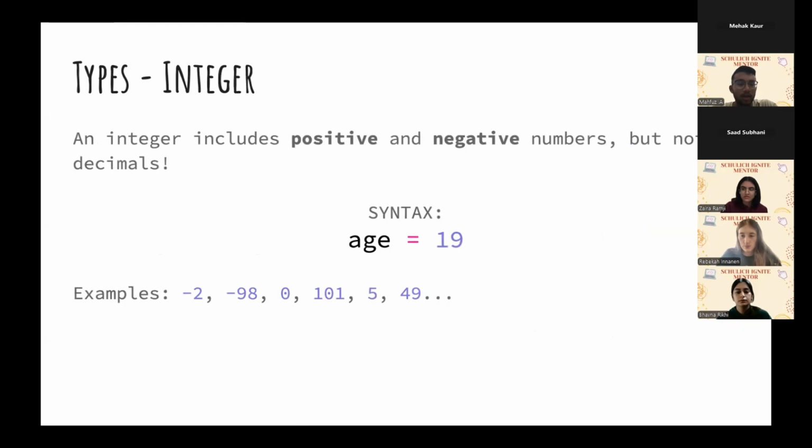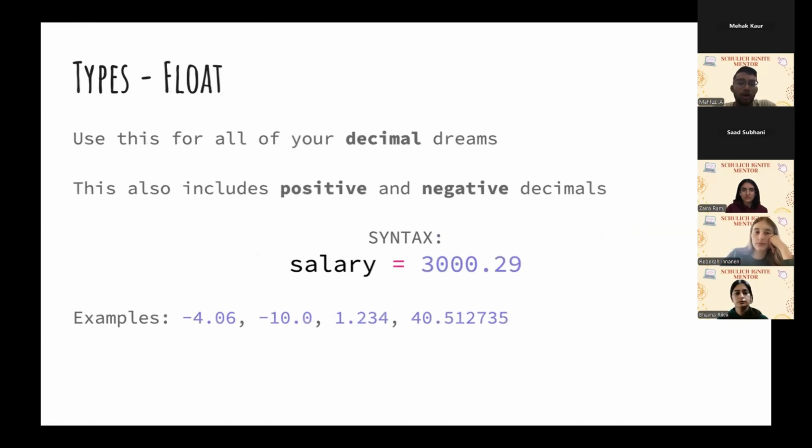Integers are basically positive and negative numbers, but they do not have decimals. Things like -2, -98, 0, 101, 5, 49, all the way up to 1 million, 2 million. They're all integers as long as they don't have decimals. Floats are numbers that have decimals inside of them.